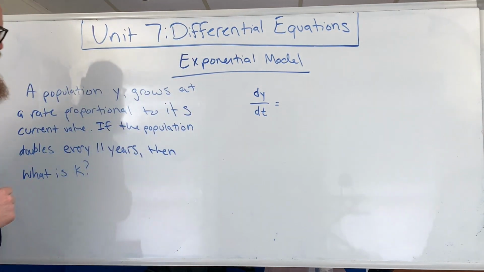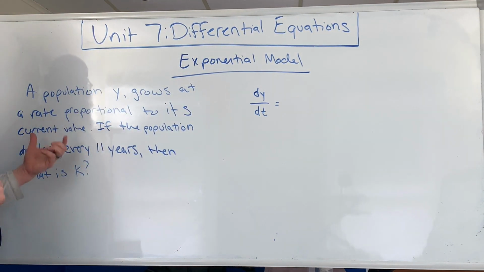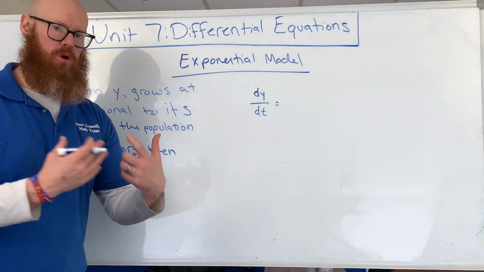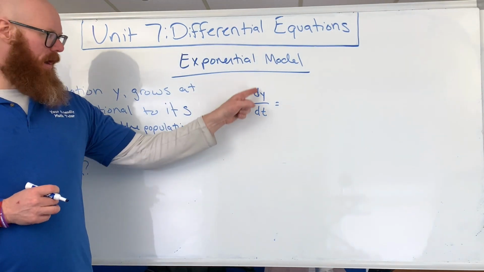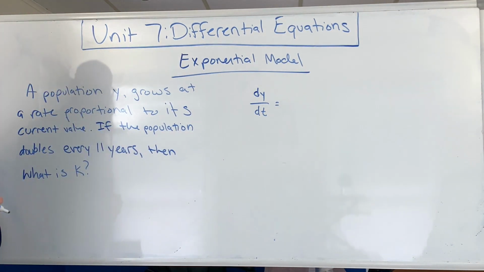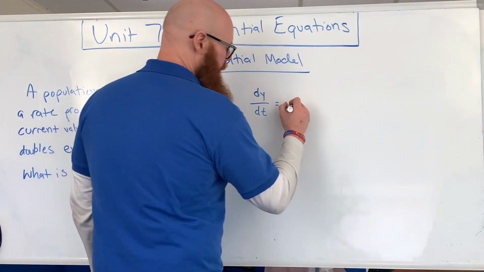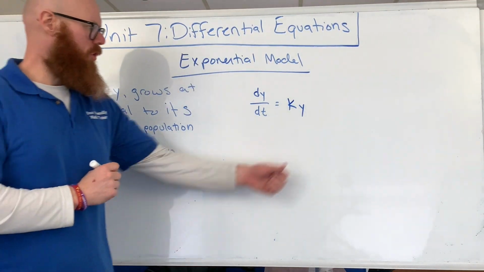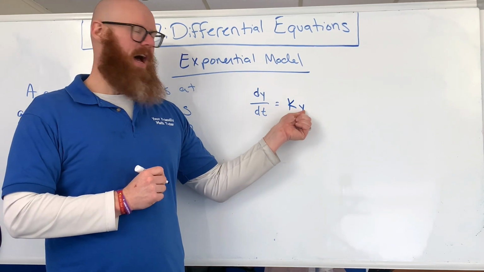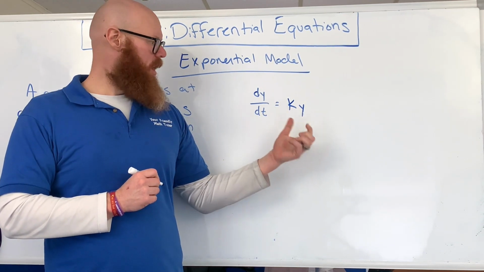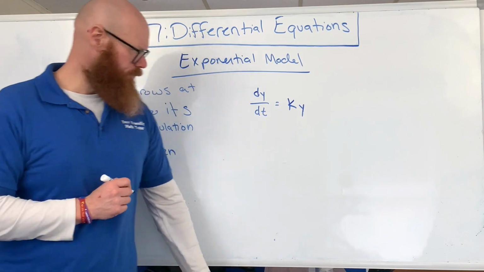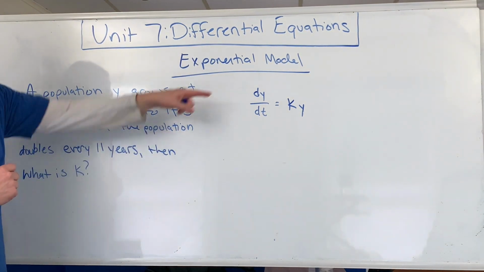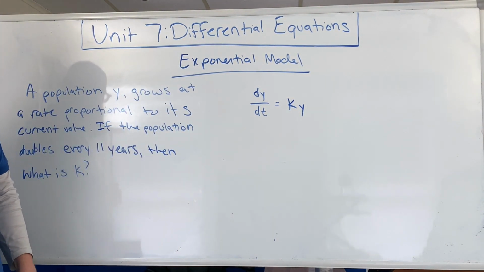The rate at which the population y is growing over the course of time is going to be a derivative. So it's going to be dy dt. It's proportional to its current value. That looks like this. Something that's proportional is the constant of proportionality times whatever it's proportional to. So this is called a direct proportion. And that is our equation, our differential equation that we're starting at.